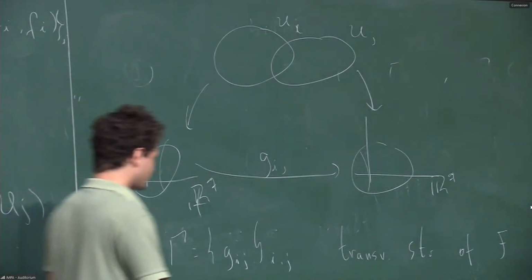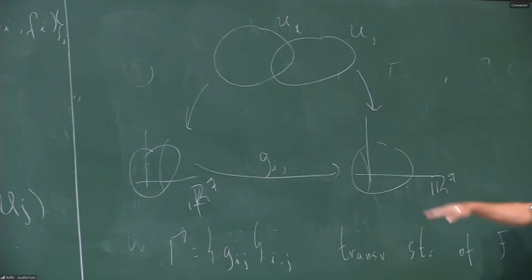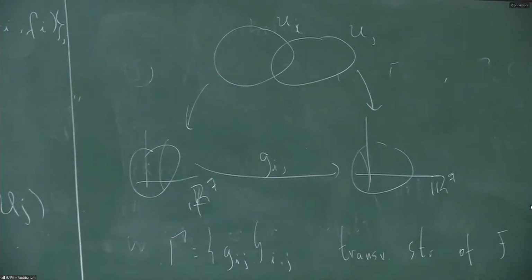So if these maps are nicely described, we say that this foliation has a nice transverse structure. But let me be more precise.